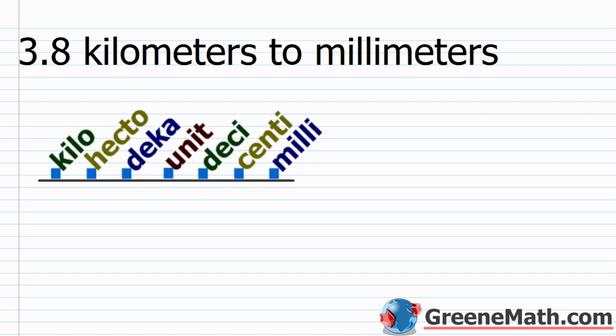Okay, let's take a look at another one. We have 3.8 kilometers, and we want to convert that to millimeters. So look at your prefixes. You're starting out with kilo, and you're going to milli. So here's kilo, here's milli. So you're going all the way across the map. So let's write that number 3.8. And we're going to move our decimal point 1, 2, 3, 4, 5, 6 places to the right.